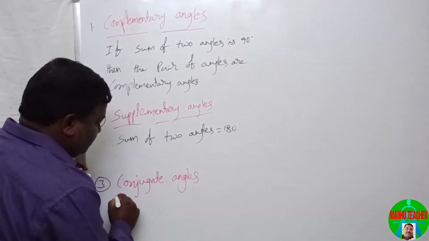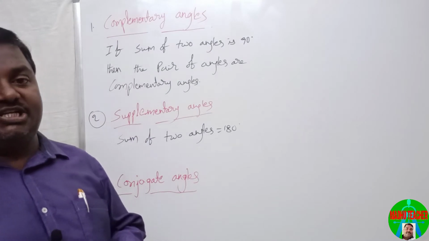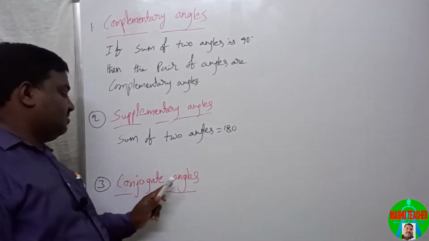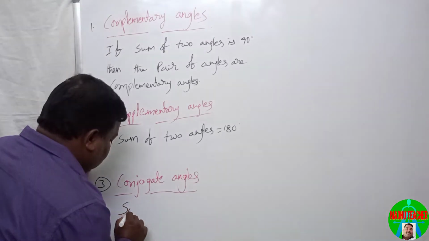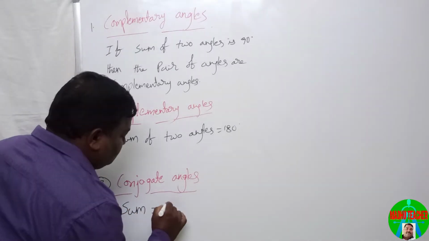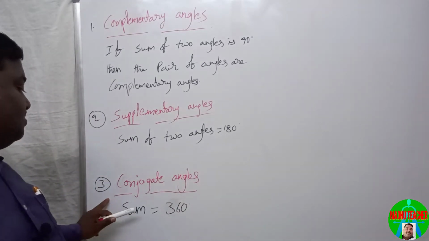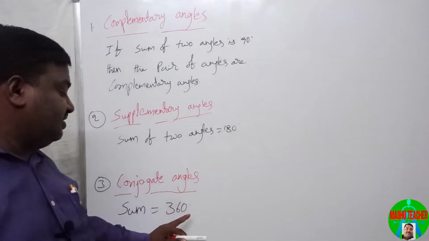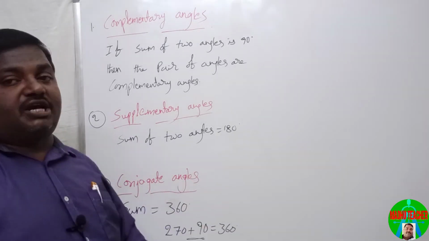What are the conjugate angles? If the sum of two angles is 360 degrees, then the angles are called conjugate angles. So sum equals 360 degrees. Okay. If the sum of two angles is 360 degrees, then the two angles are called conjugate angles.